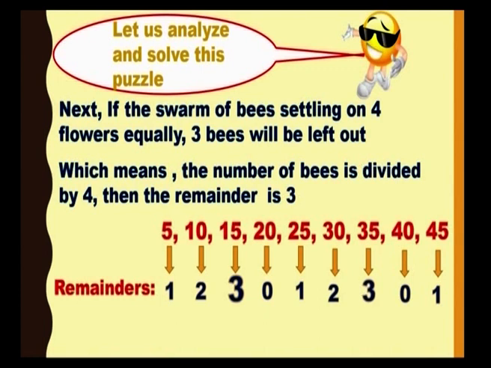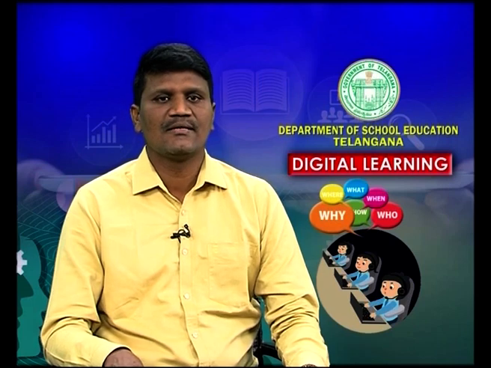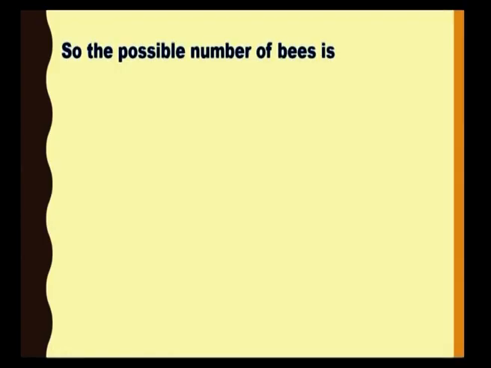We need remainder 3. So two numbers give remainder 3: 15 and 35. So the possible number of bees is 15 or 35, and one of these is the correct answer.